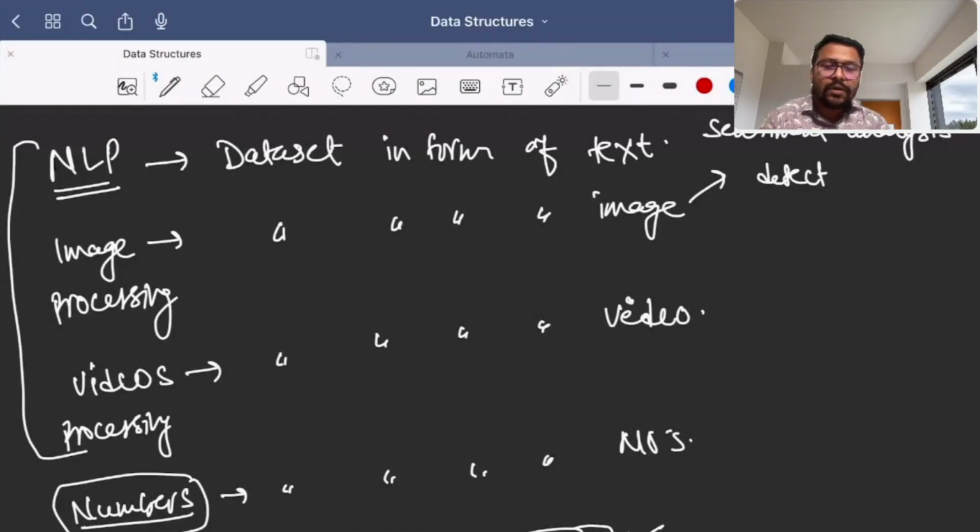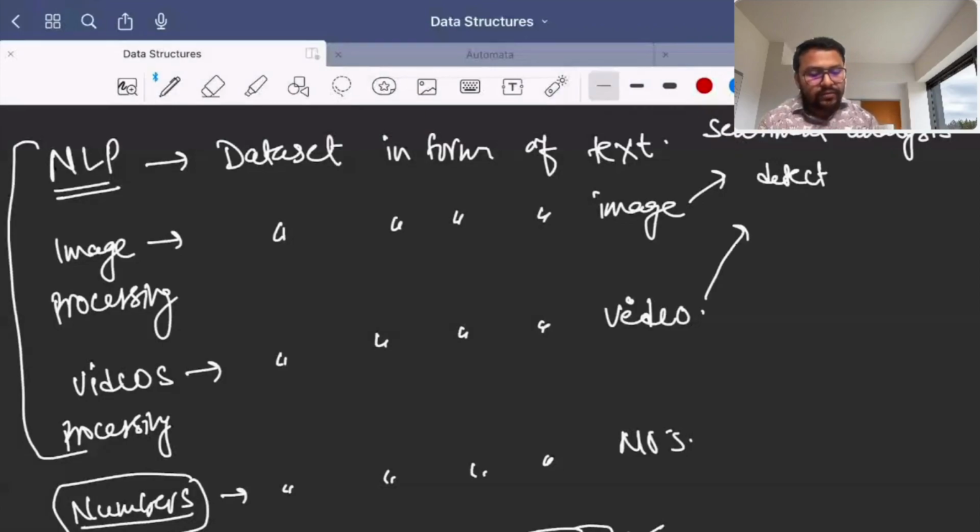For example, in traffic on the roads, we want to detect the car numbers of those violating the traffic rules. So we have images and we want to detect the car number, which is not clear, and we want to find whether this car number is this or that.